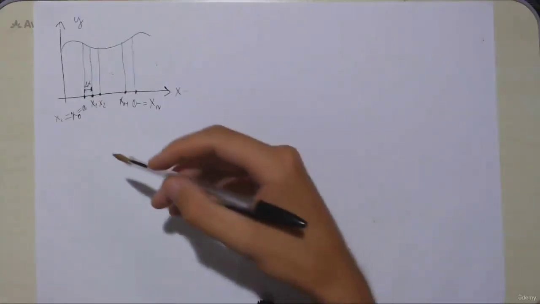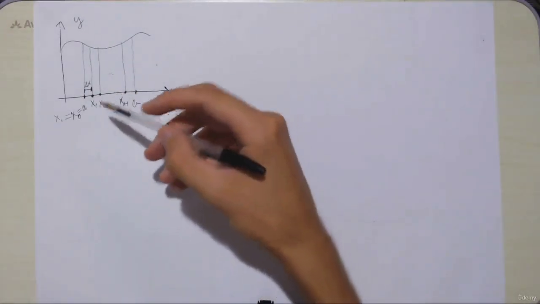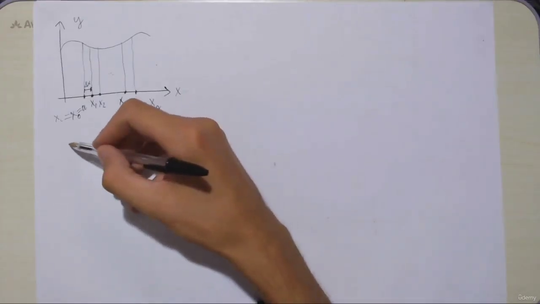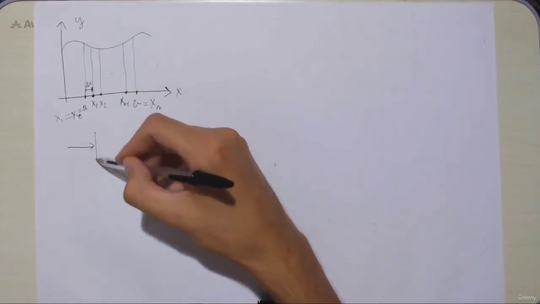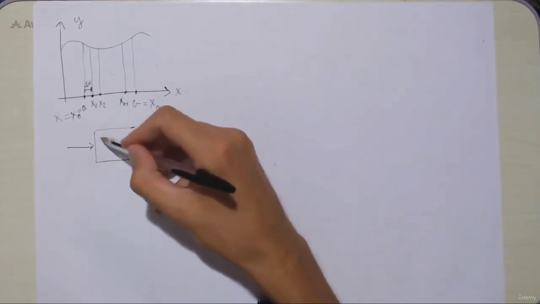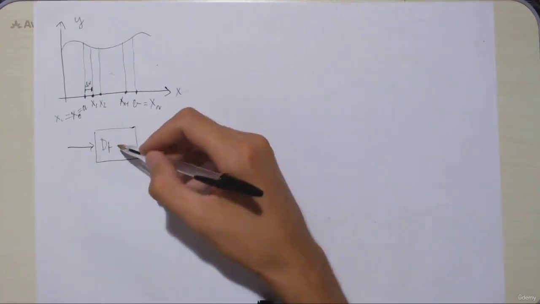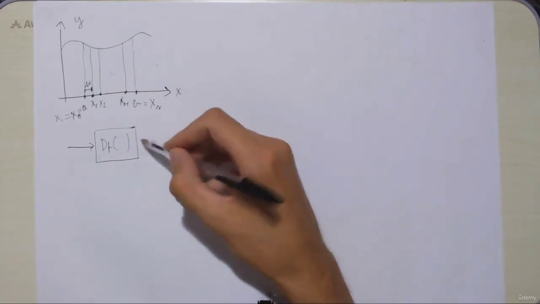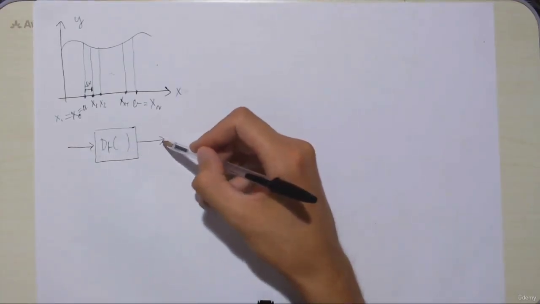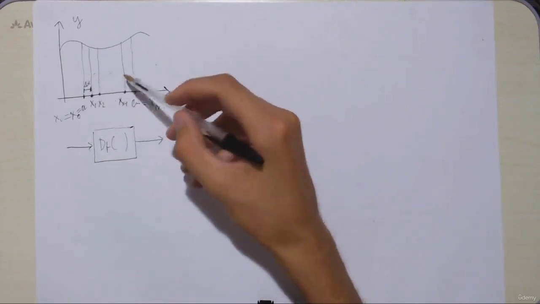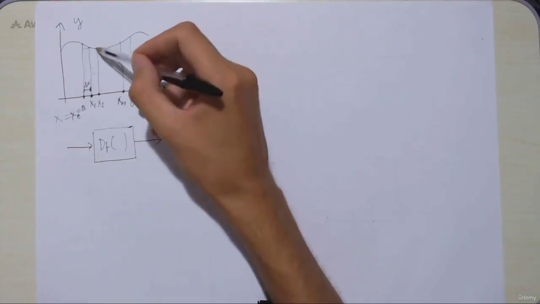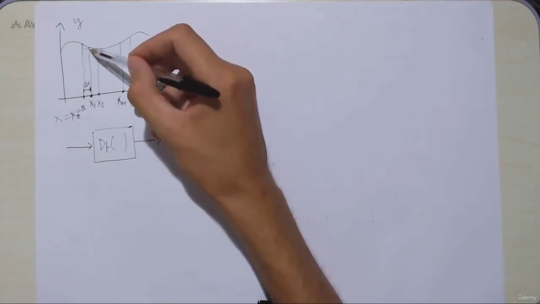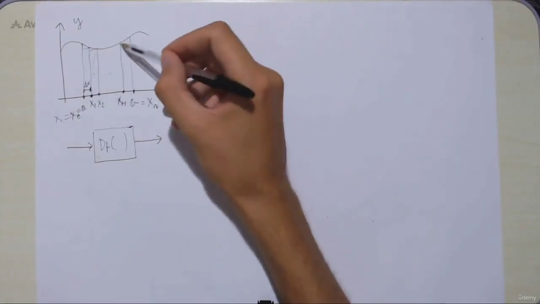Now, my goal here is to find some kind of discrete function, right? Right now we're in the discrete world. I want to find a discrete function. I'm just going to put a df, a discrete function, of which the output is this discrete area under the curve. So in this case, it would look something like this, and then something like this, and here as well, something like this.